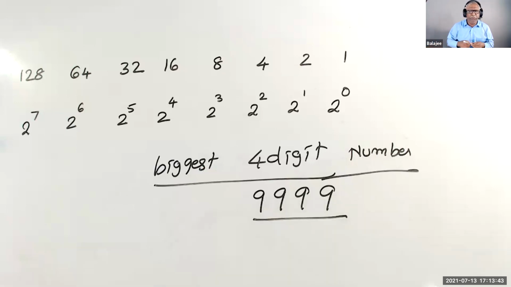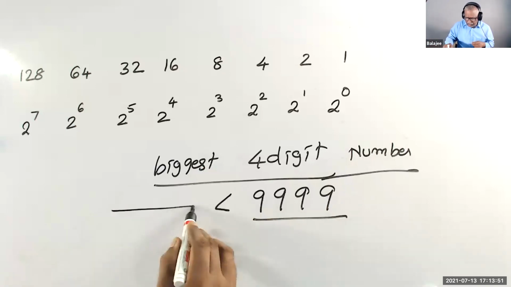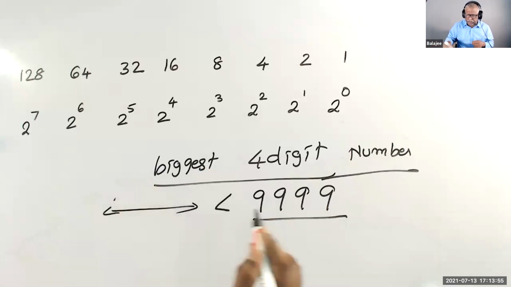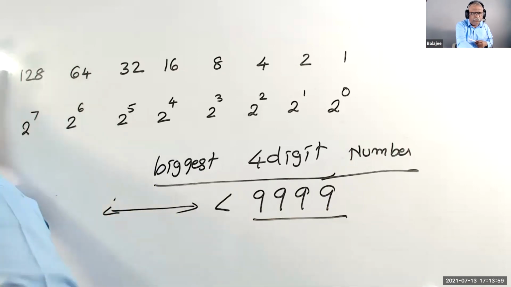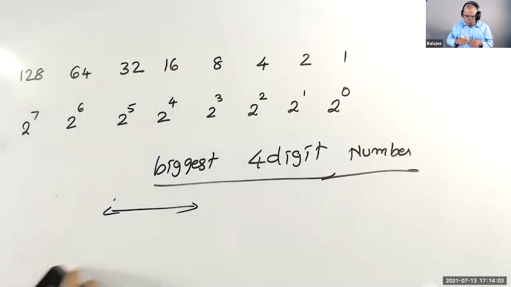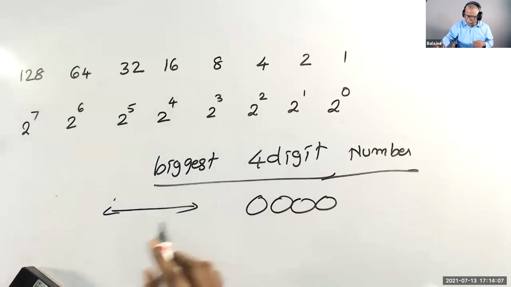There cannot be any number bigger than this in the 4-digit. If you say any 4-digit number, it will be smaller than this. The same way, if I ask you which is the smallest 4-digit number, you will say 0, 0, 0, 0. Any 4-digit number will be greater than this.